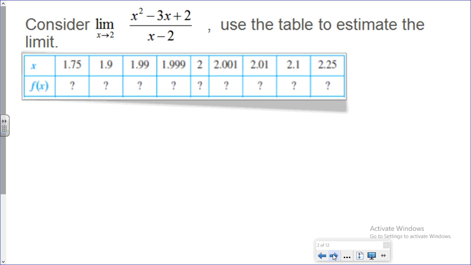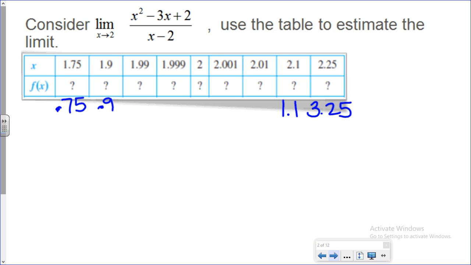Okay, the y value for 1.75, do we have it? 0.75? How about for 2.25? Okay, how about for 1.9? How about for 2.1?